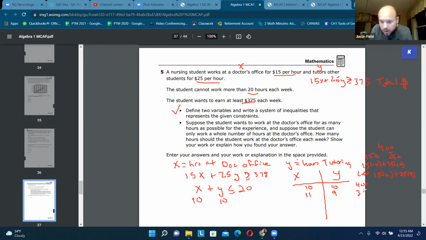So that still works. All right, so now let's see, can we work 12 hours? So 15 times 12 plus 25 times 8 is 380. Can't go lower than that. So the answer is 12 hours at the doctor's office.